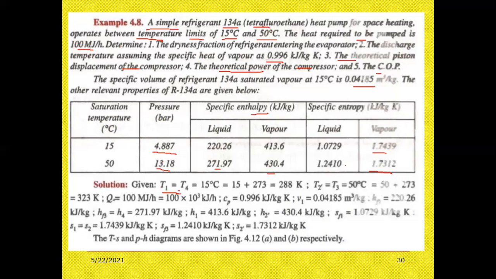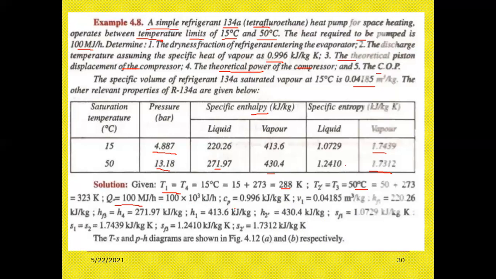T1 equals T4, the temperature limit of 15 degrees, that is 15 plus 273, 288 K. T2 dash equals T3 dash, which is 50 degrees centigrade, that is 50 plus 273. Now the pumped heat Q is 100 into 10 to the power of 3 kilojoules per hour.